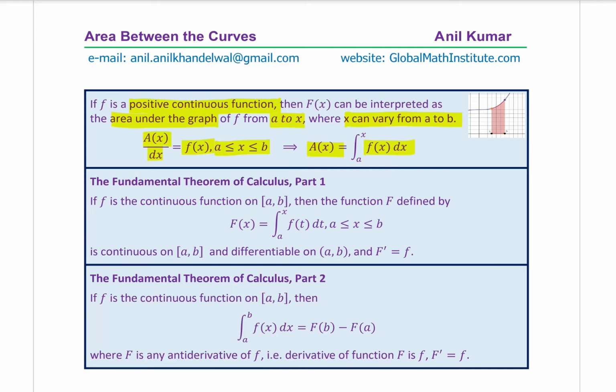Now Newton found, especially his teacher guided him to find, a very good link between the derivatives and the integrals, that is linking gradient with area under the curve, and they came up with the fundamental theorem of calculus. It has two parts. In part 1, we discussed that if f is a continuous function on the closed interval a, b, then the function capital F defined by the integral of f of t dt.